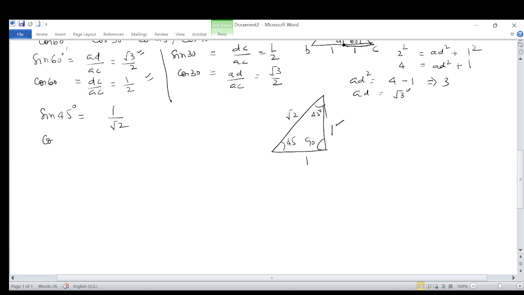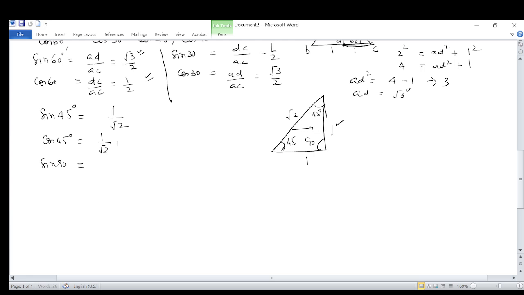In the same way, cos 45 is also equal to 1 upon root 2. These are important. Now one important thing: what is sine 90? I told you in earlier videos. For sine 90, this angle has to become 90. Then the hypotenuse has to shift, and unless it overlaps with the perpendicular, it will not be 90 degrees.